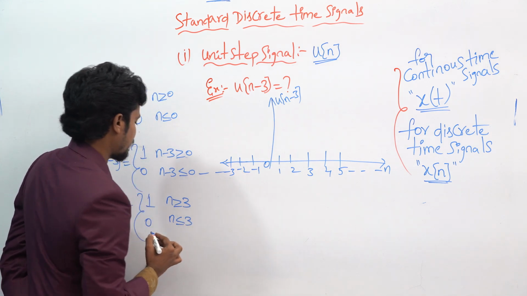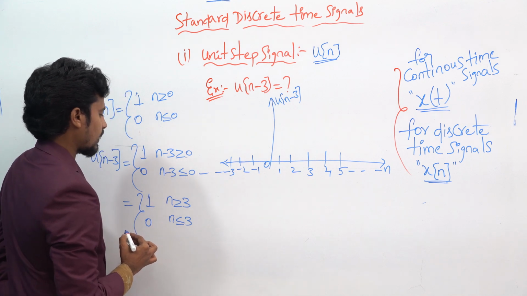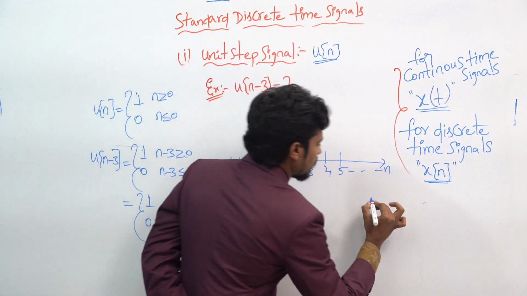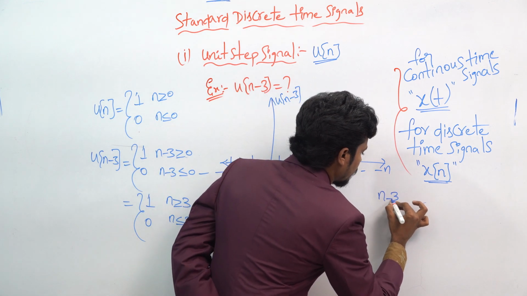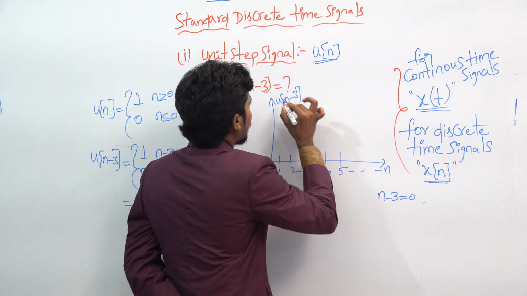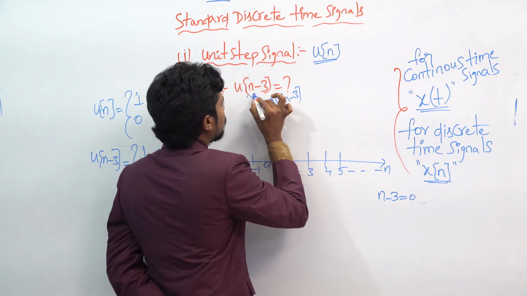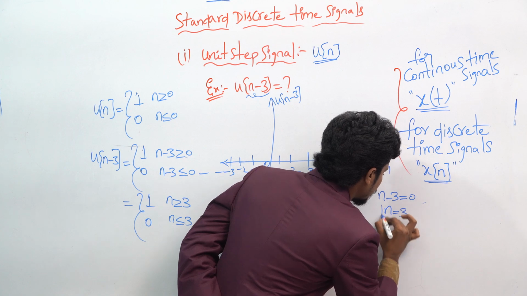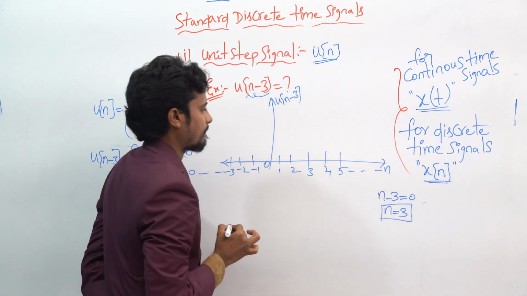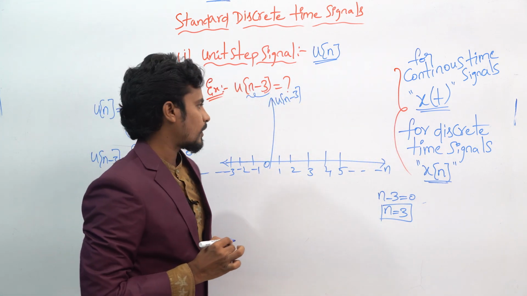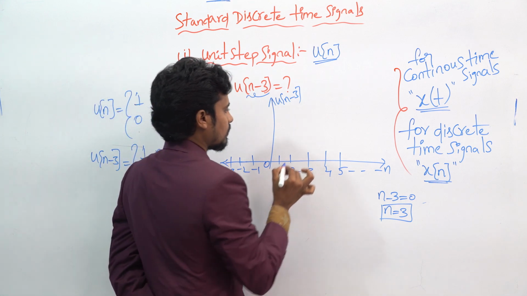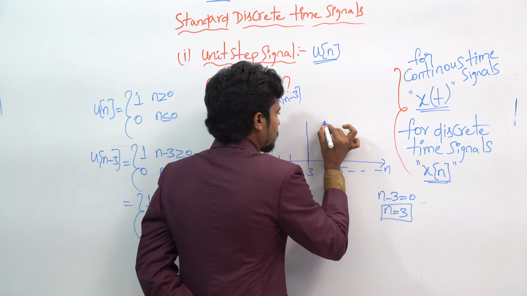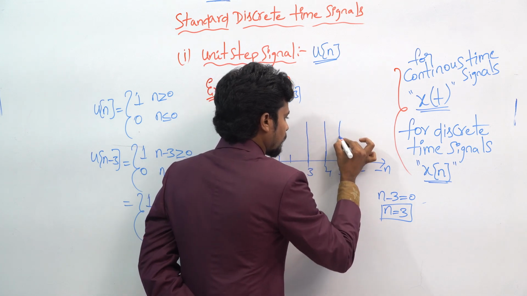So that means our plot will start here. This is n minus 3; taking the bracket value equal to 0, n minus 3 equals 0, n is equal to how much? N is equal to 3. Okay, so this will be our shifted version.